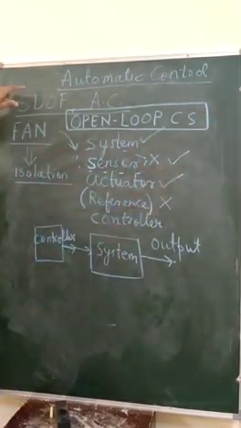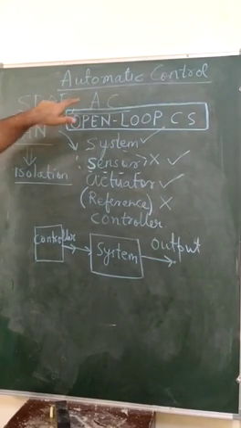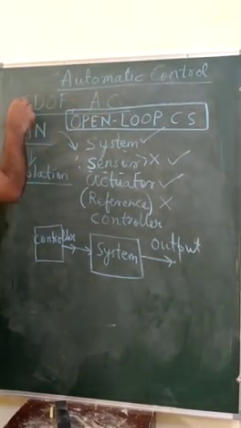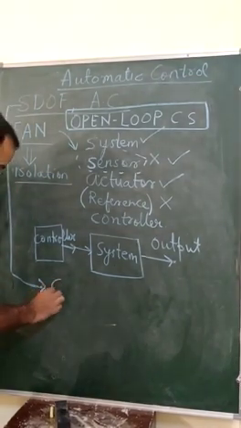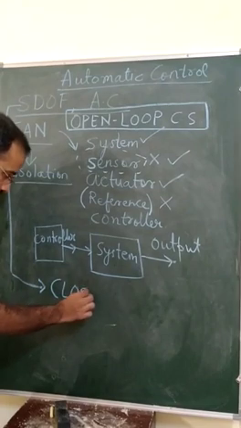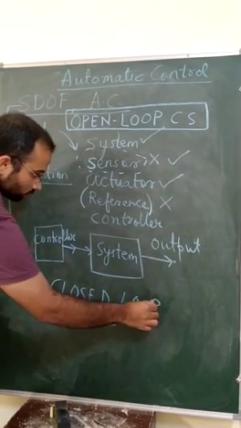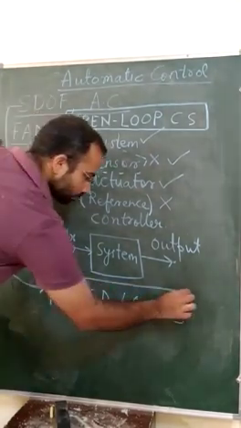The two cases that we discussed in the previous videos, the single degree of freedom system and air conditioners, were examples of closed loop control systems. These were the examples of closed loop.